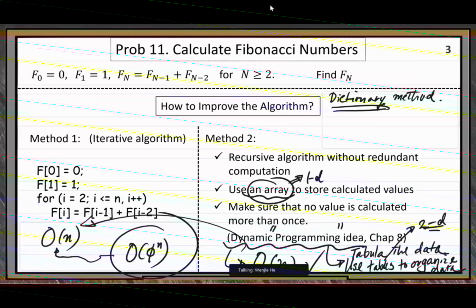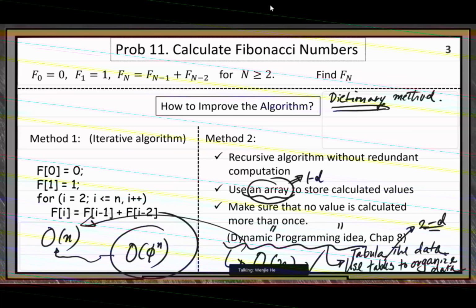You need to design the structure of your dictionary, and later you use your dictionary for looking up the data you want to use in your calculation. So that's the dictionary method. That's dynamic programming.